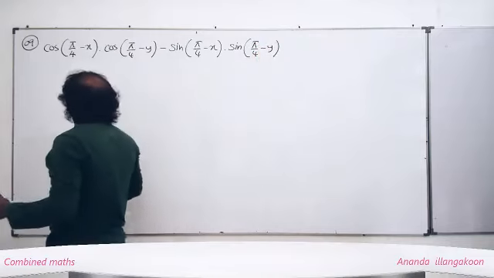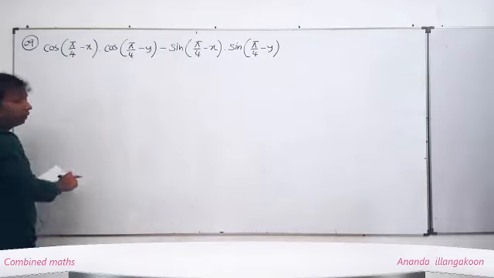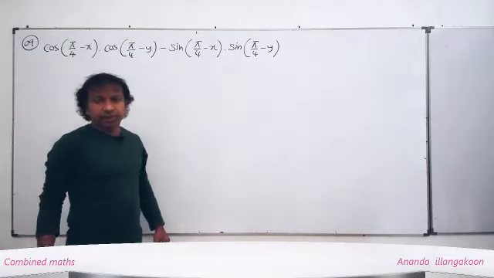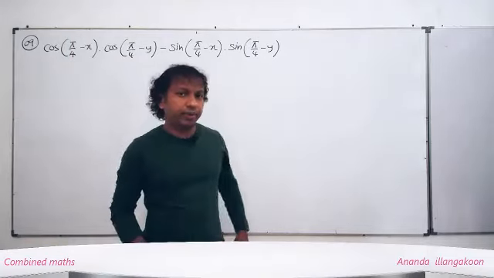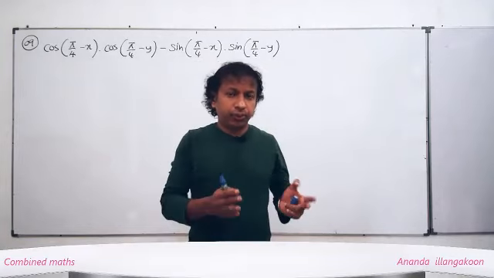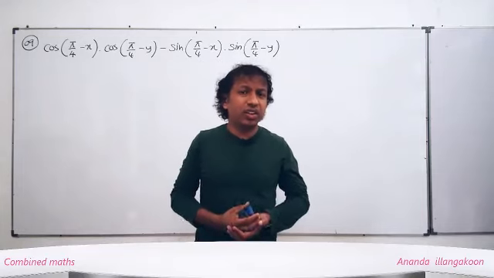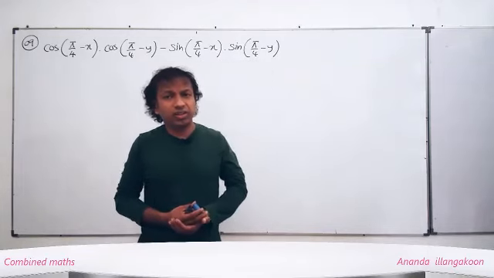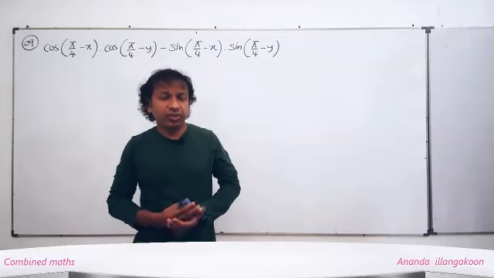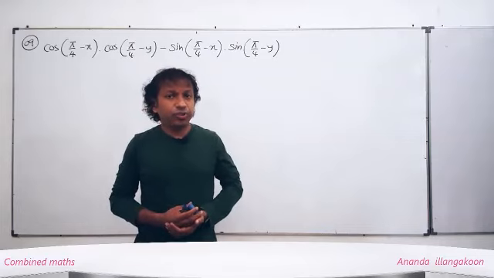People, now here, this pi by 4 is an angle. From that, x is subtracted. x is also an angle. Suppose pi by 4 is 45 degrees now. Suppose x is like 15 degrees. It can have any angle. Assume that x is 15 degrees. 45 minus 15 means, people, 30.